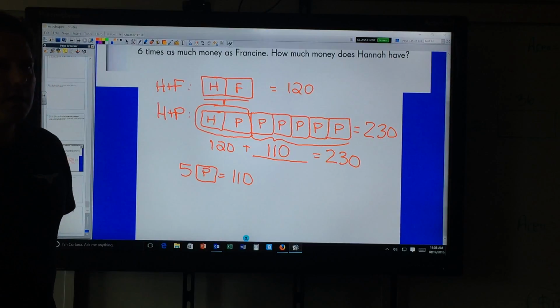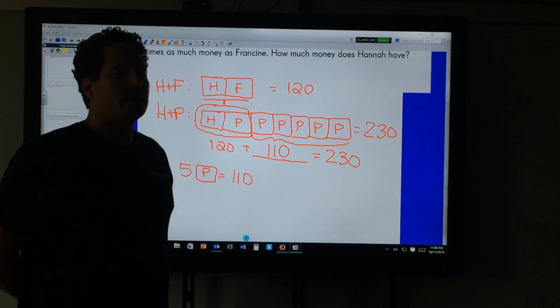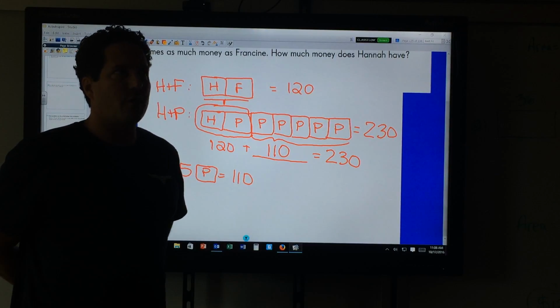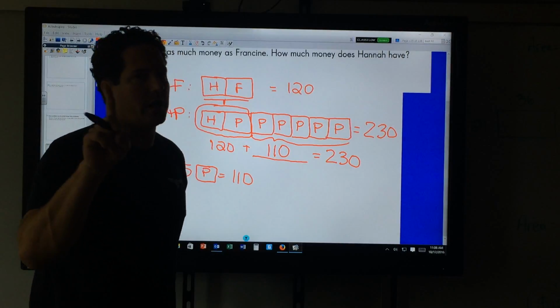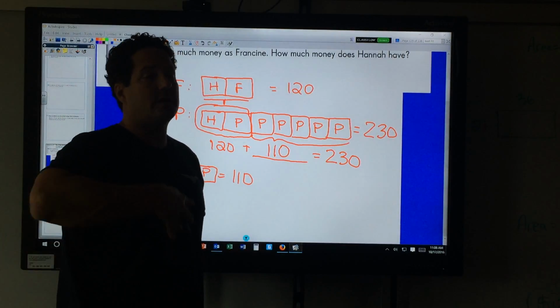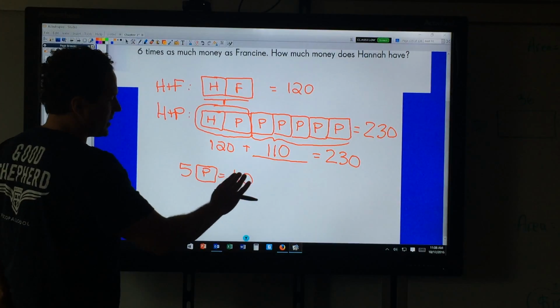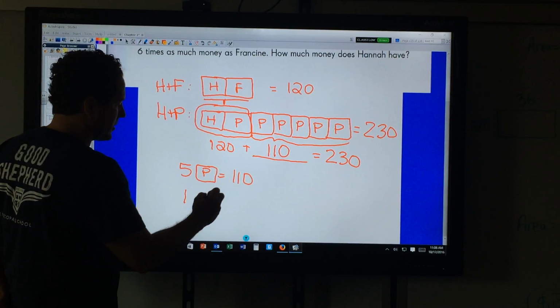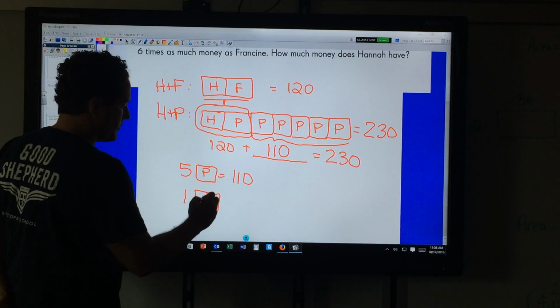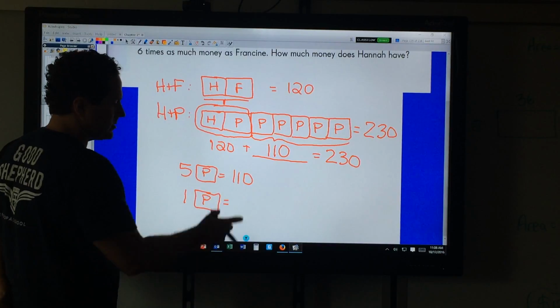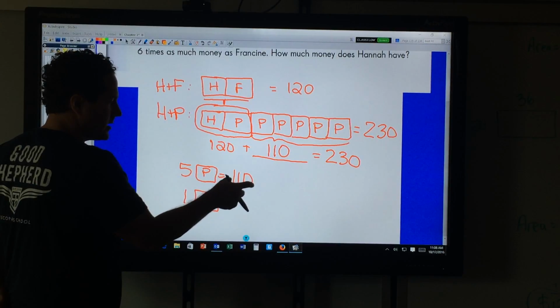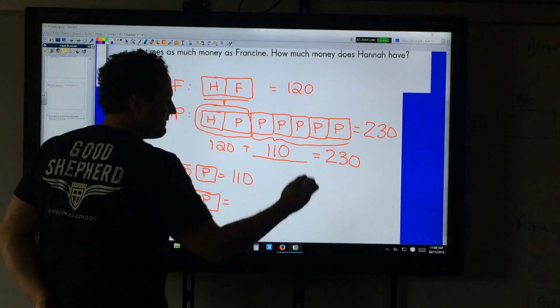That's great, but the way that bar models help us is we have to figure out what 1 of the units is so we can determine what the other ones are. So if 5 of the Peter boxes are 110, I have to figure out what 1 of the Peter boxes is. To do that, I'm going to take 110 and divide it by 5.